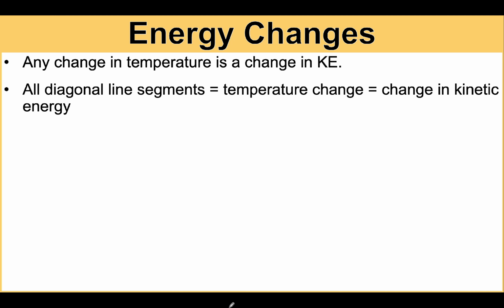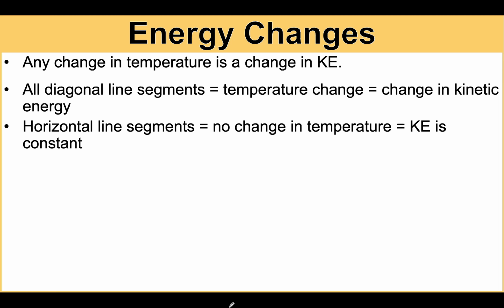So during these regions, a single state of matter exists and the sample is either getting hotter or cooler. During the horizontal line segments, there is no change in temperature, so kinetic energy remains constant. However, all the energy that is absorbed or released is related to changes in potential energy.